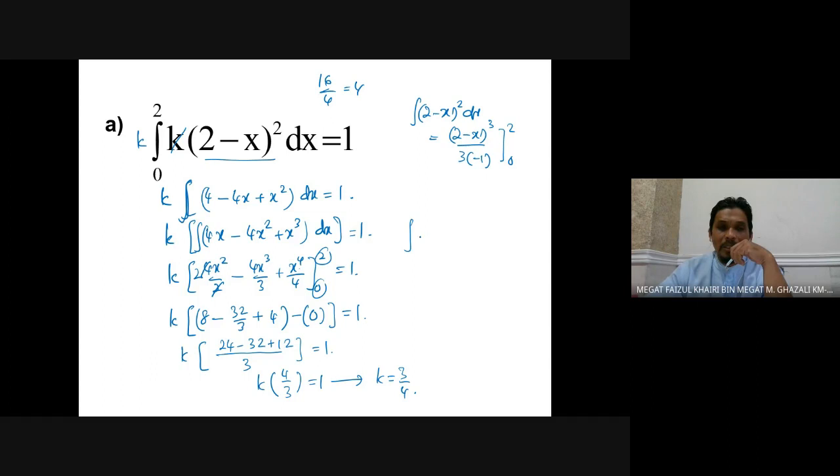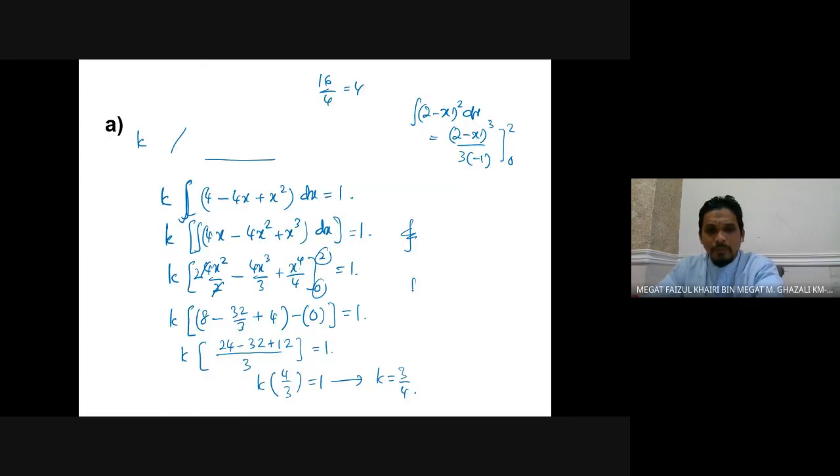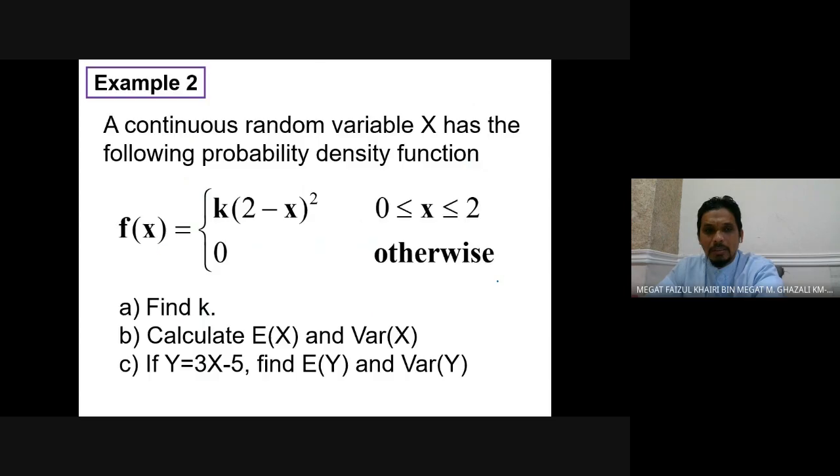So the function now is 3 over 4 times (2 minus x), and then 0 otherwise, the domain then.